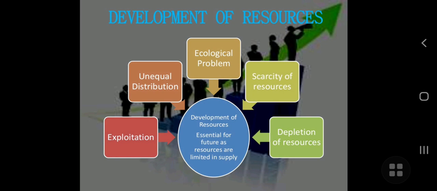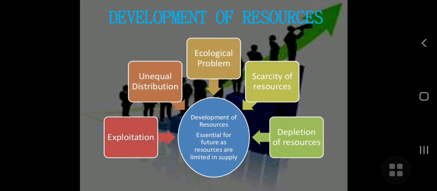See, the scarcity of resources will be there when the concentration of resources is in few hands, and this has divided the society into haves and have-nots, or rich and poor. There is a global ecological crisis due to overutilization of resources, such as global warming, depletion of ozone layer, pollution, and land degradation, right?